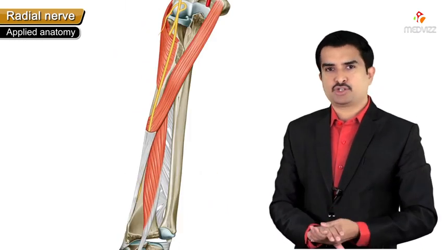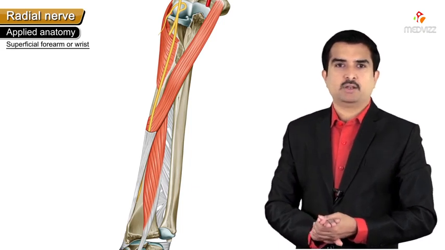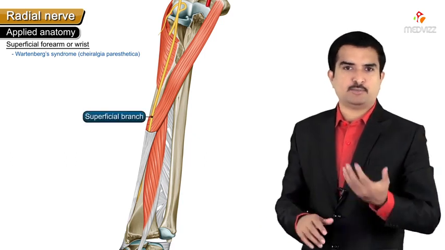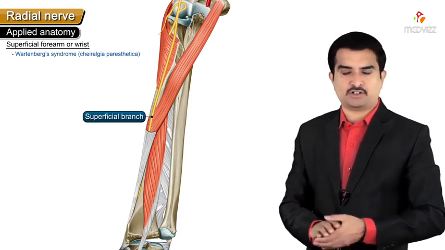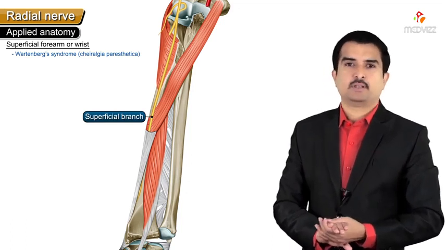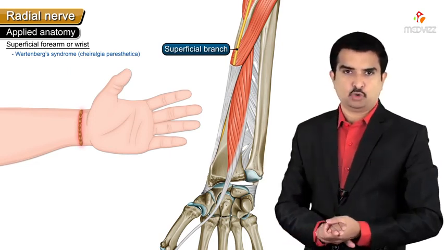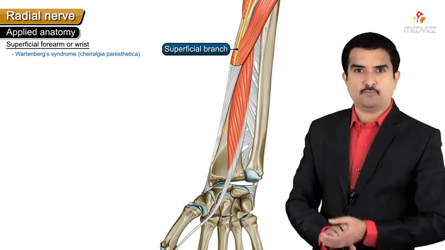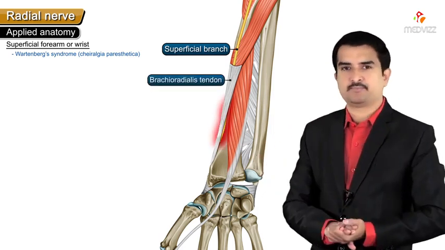Coming to one of the most important clinical scenarios of radial nerve neuropathies, Wartenberg syndrome. We often call it superficial branch of the radial nerve injury, or injury to the radial nerve at the wrist or distal aspect of the forearm. If the wrist is compressed with tight jewelry over its lateral aspect, the superficial branch of the radial nerve will be compressed beneath the tendinous insertion of the brachioradialis muscle.